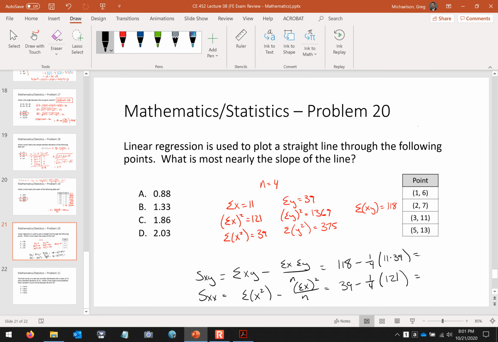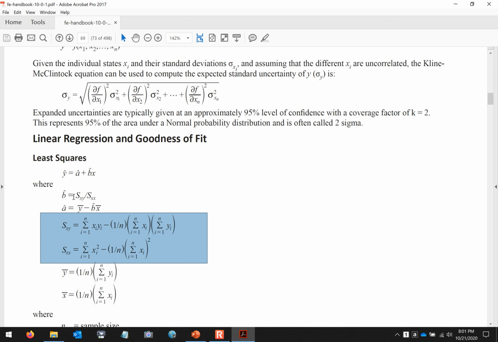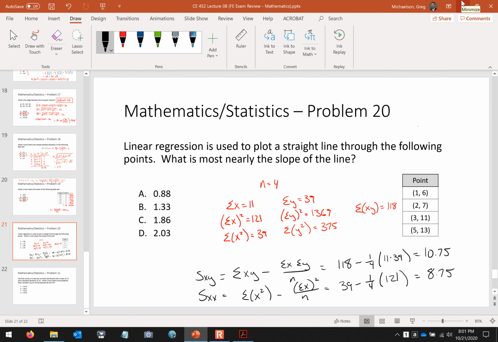So this is 43 over 4, 10.75. This is 8.75. And then what do we got to do? We've got to take Sxy over Sxx to get the slope of that line. And we get, let's see.